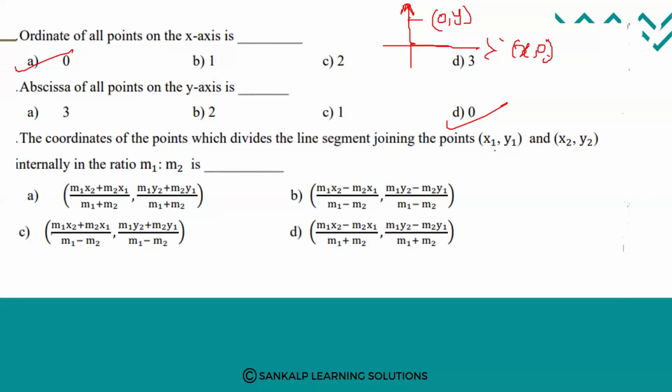That means m1 x2 plus m2 x1 divided by m1 plus m2. Here also m1 x2 plus m2 x1 is there, but divided by m1 minus m2. But in the formula we have m1 plus m2, right? Therefore option A is right. (m1 x2 plus m2 x1) divided by (m1 plus m2), (m1 y2 plus m2 y1) divided by (m1 plus m2), right? So option A is right here.